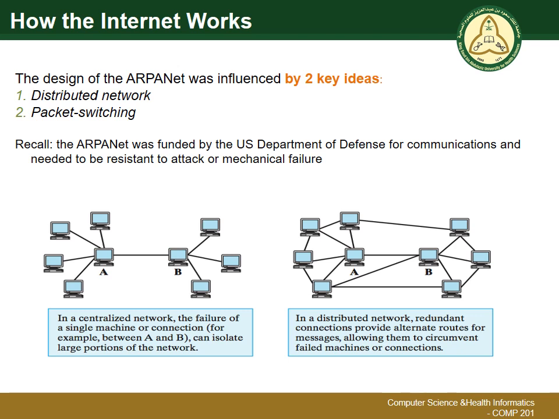So if a particular computer or connection failed, then the communication could be routed around this part of the network, and the network would continue to transfer the data. This idea is similar to the mesh topology that was introduced in chapter 2, and the figure on the right side illustrates this idea. If the connection between computer B and A was down, we could still send the information between them using another route.